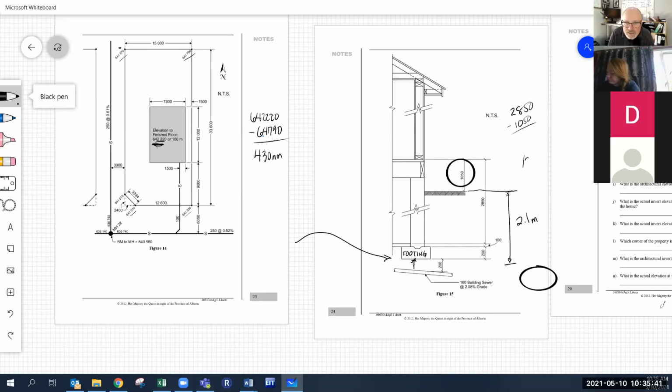So it's 1800, and then we add 100 and then we add 200, equals 2100 millimeters. There it is.